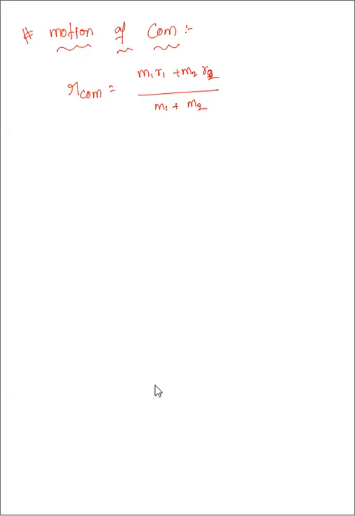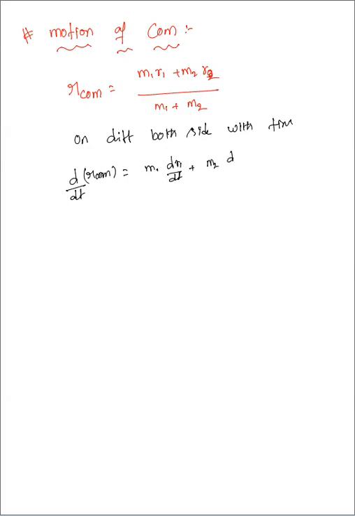Differentiating both sides with time: d by dt of R_COM is equal to M1 dr1 by dt plus M2 dr2 by dt, divided by M1 plus M2.